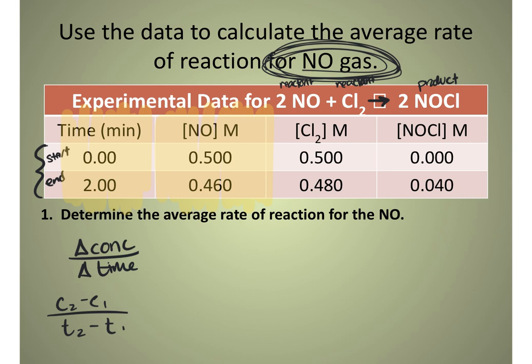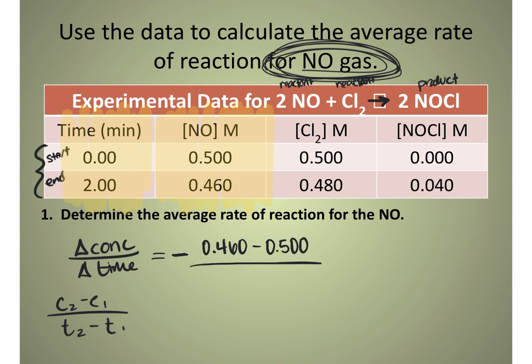So what I'm going to do to solve this is plug in these values. It's a reactant, so if you remember from the previous slides, I want to put a negative sign out in front because it's going to get used up. My ending concentration is 0.460. My initial concentration was 0.500.